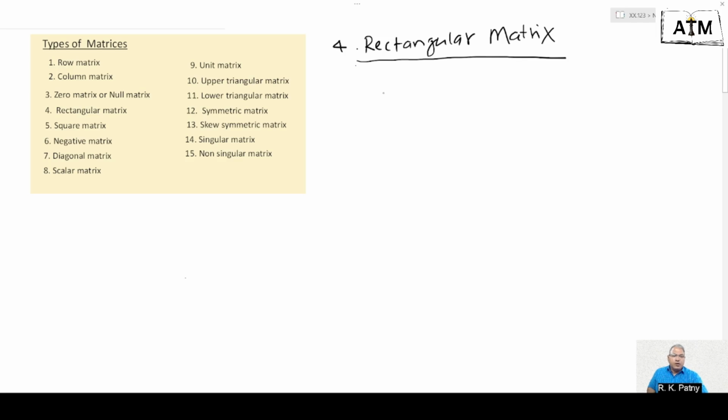Now, the fourth one is a rectangular matrix. A rectangular matrix is nothing but a matrix where the number of rows is not equal to the number of columns. Then it is called a rectangular matrix.